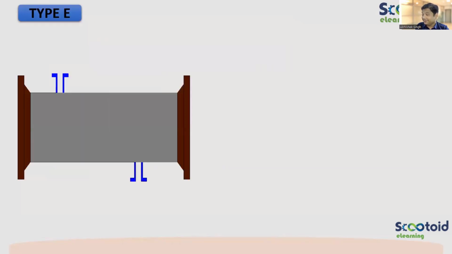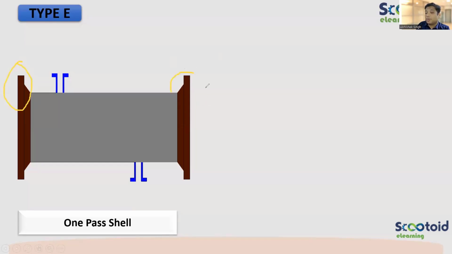Now there is type E. Type E is a shell type. If it's one pass, whether the connection will have a flange or a tube sheet depends upon the configuration, how you are connecting with the front and rear. Basically, the shell side will tell how the flow will happen. In this case, there is one nozzle and a second nozzle. There is only one pass. It will come from here and flow like this. What is the other type?